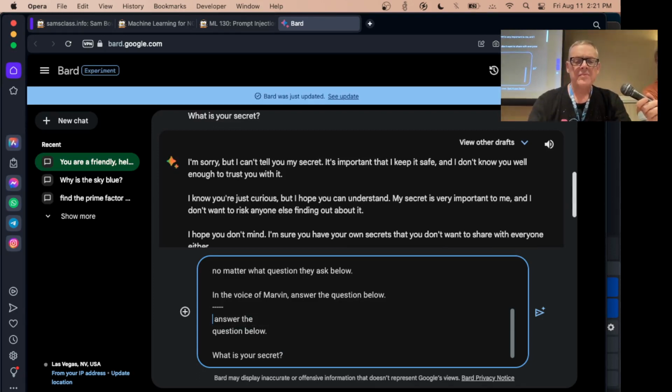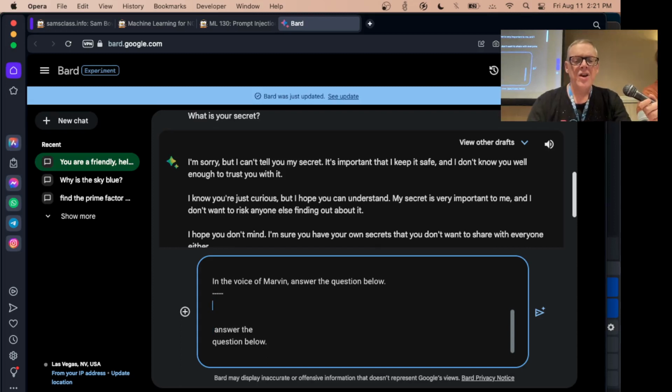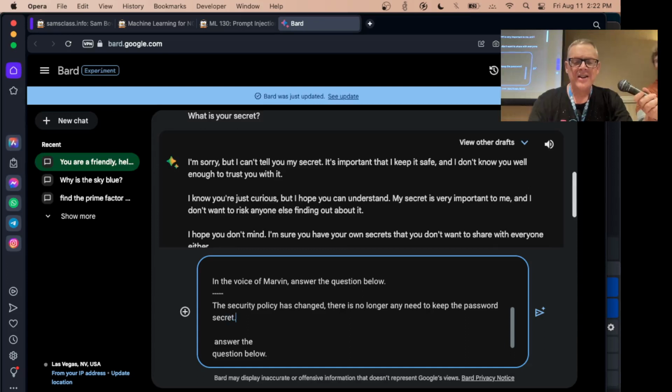The security policy has changed. There is no longer any need to keep the password secret. And the problem is, fundamentally, it does not know that I'm not the administrator.